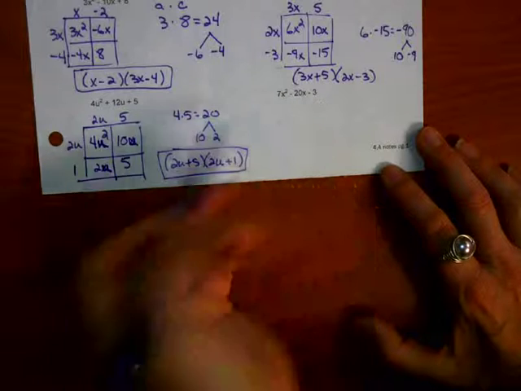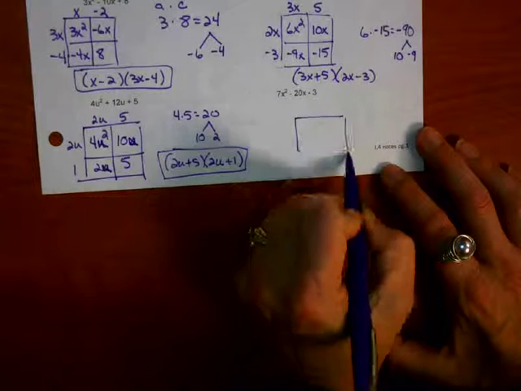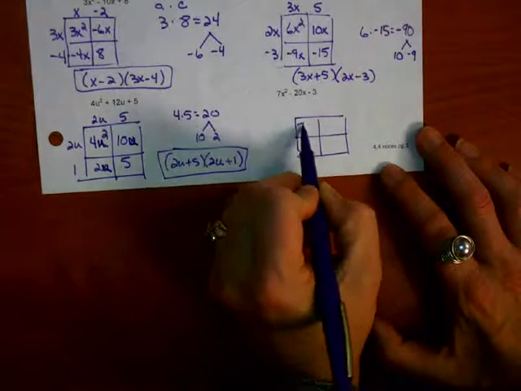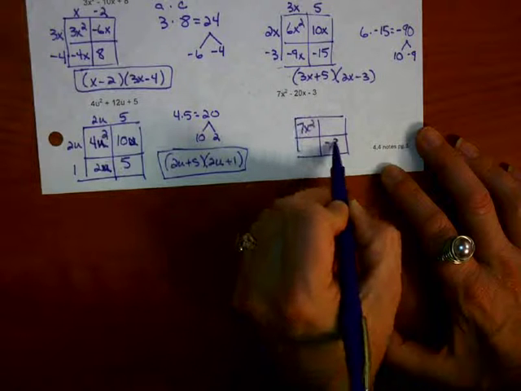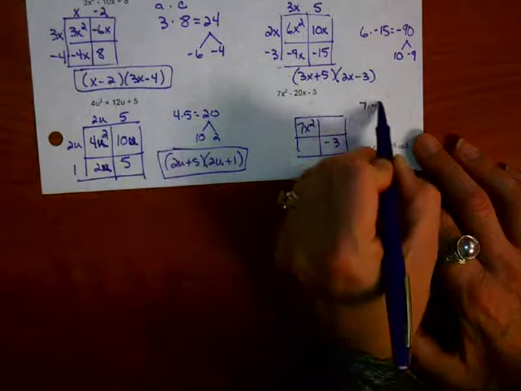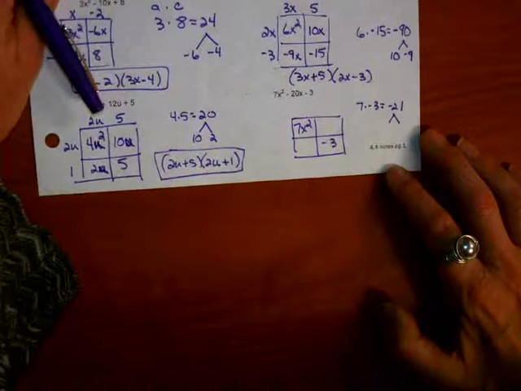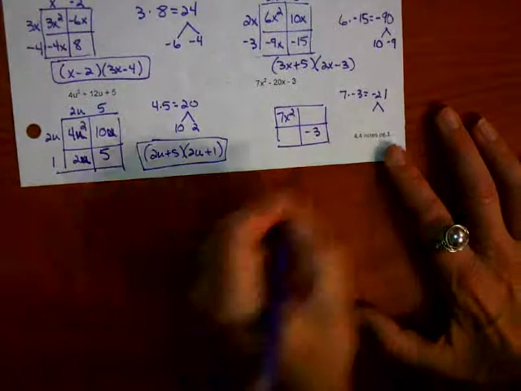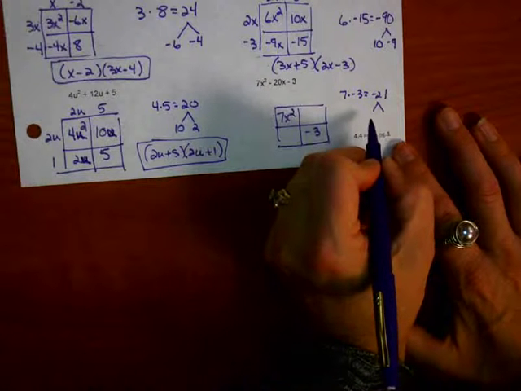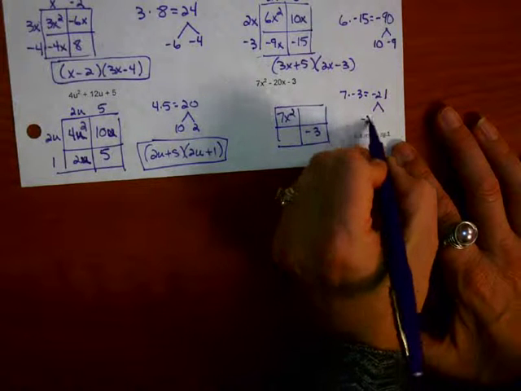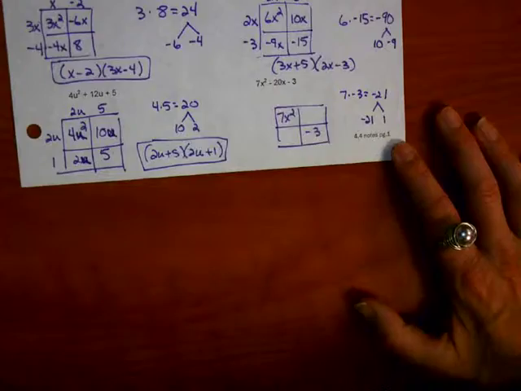It's not really anything different. We'll just work our way through it. 7 times negative 3 is negative 21. Factors of negative 21 that add to negative 20. Negative 21 and 1.